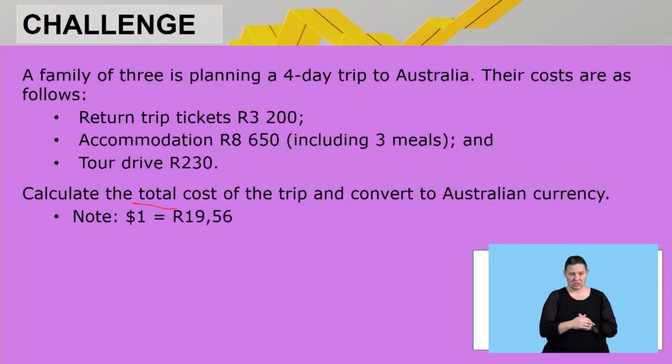So if it says return trip, it means each and everyone in this family will be paying a return trip, meaning to and from. The accommodation, including 3 meals and a tour drive. So after you have calculated all these costs, you will have to add them together and convert to Australian currency.